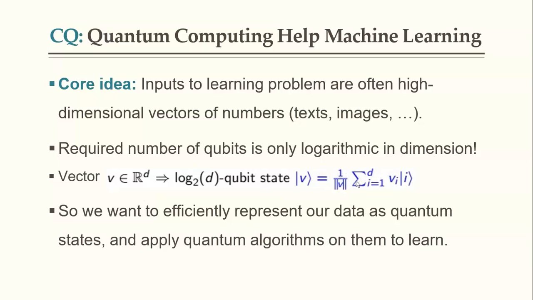The summation is a quantum superposition of the basis states |i>, whose coefficients v_i are derived from the vector components.